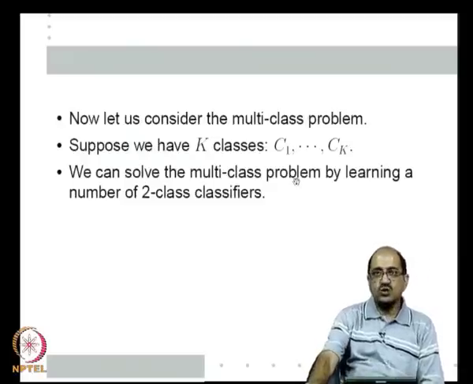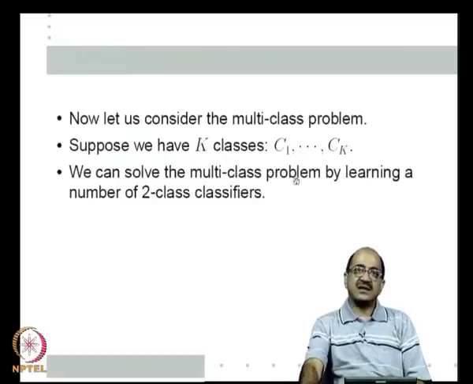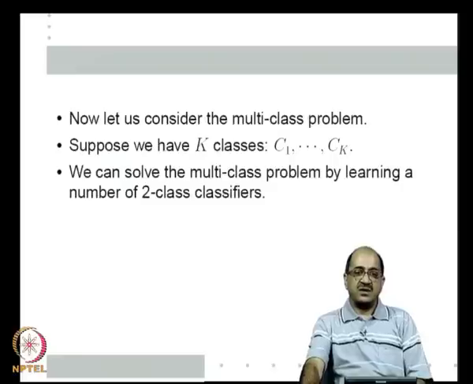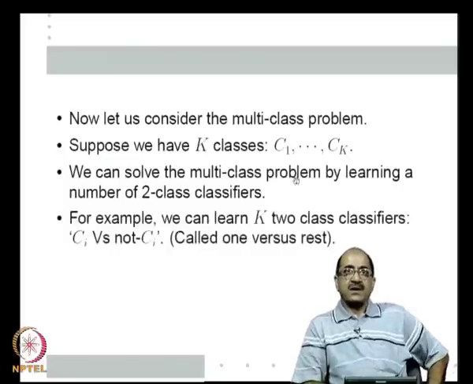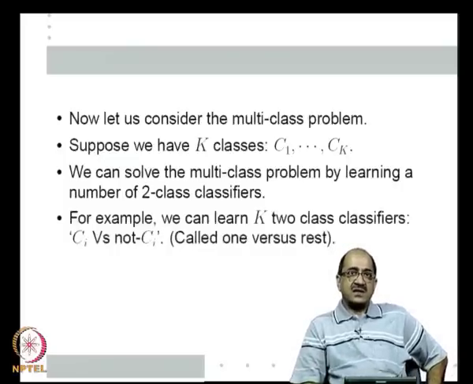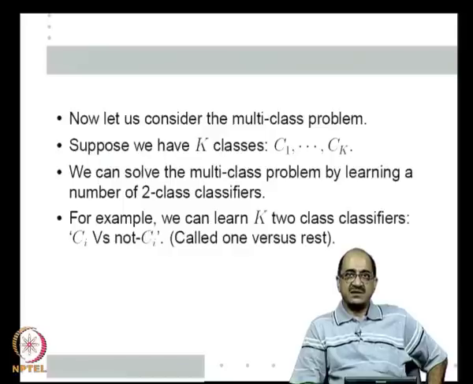There are at least two very generic techniques of learning a multi-class problem using two class methods. One is that I can learn k two class classifiers, where k is the number of classes, as follows. I learn Ci versus not Ci.